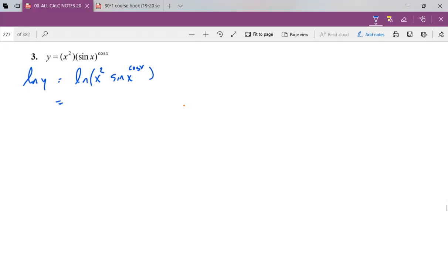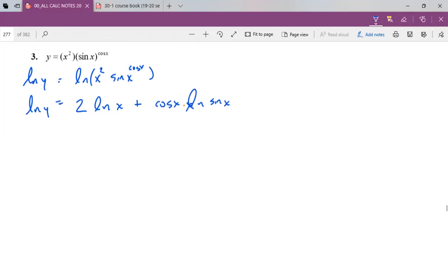Our natural logarithms apart. I'm going to do 2 things in one step here. I'm going to also bring that exponent down front. So let's call this 2 ln x plus cos x ln of sine x. So I did 2 things in that step. I separated it into 2 logarithms, in addition, and I brought that exponent down front.